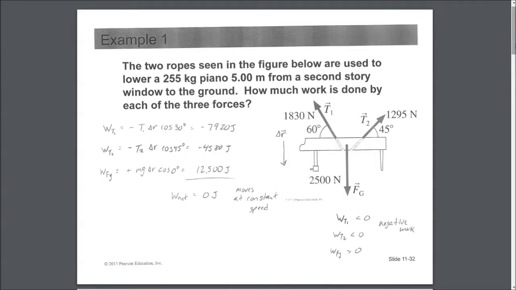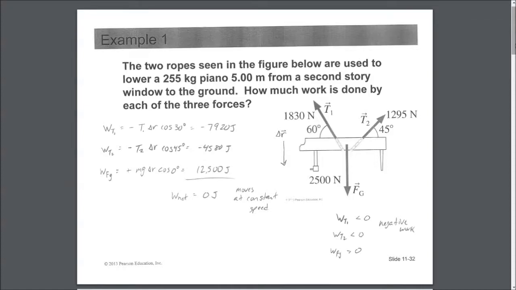The 60-degree angle you see in the figure, we're looking at the complement because we're looking at how that angle matches up with a vertical line, because the vertical line is the displacement. So we don't want the 60-degree or the 45-degree angle, we want the complements of those. So 30 degrees and 45 degrees we're going to use there, and so we have values for those works.